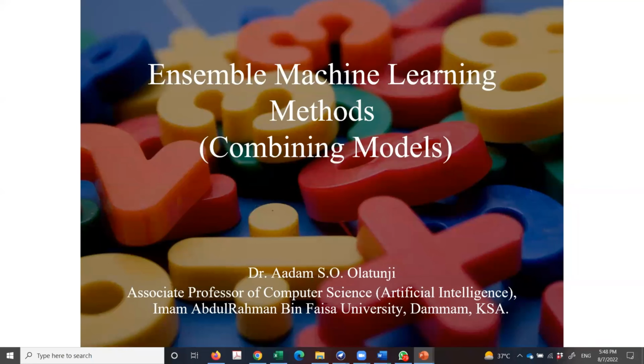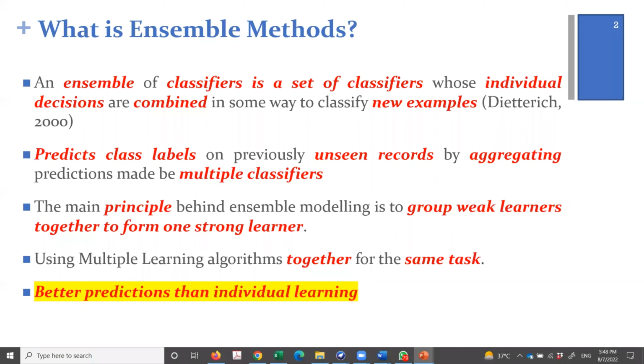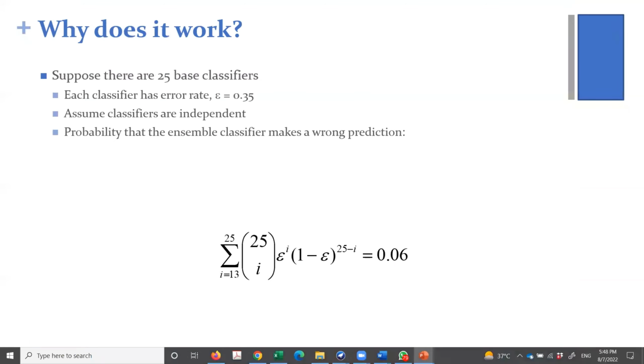When a single model cannot solve a problem because the data is very complicated, then we go for ensemble, because ensemble has been demonstrated to have the capability that, let's say you have 25 base classifiers, and each of these classifiers has an error of 0.35.